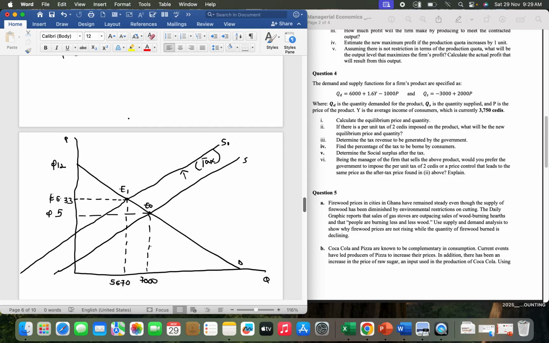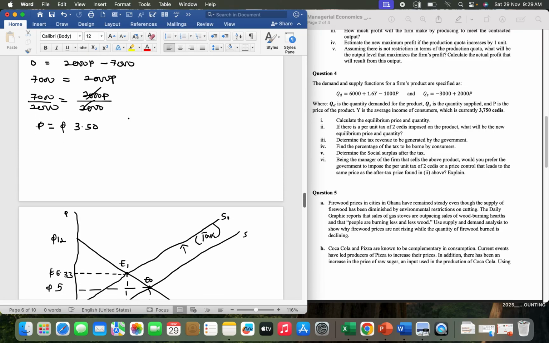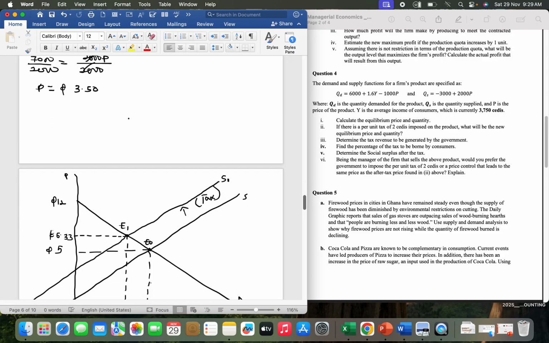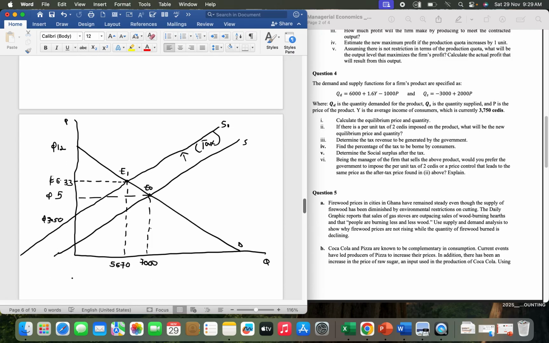Now let's go to the other price we solved. 3.50. This is it.